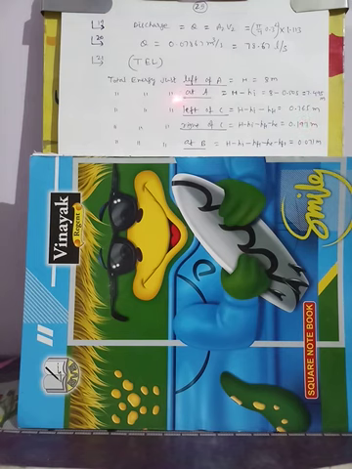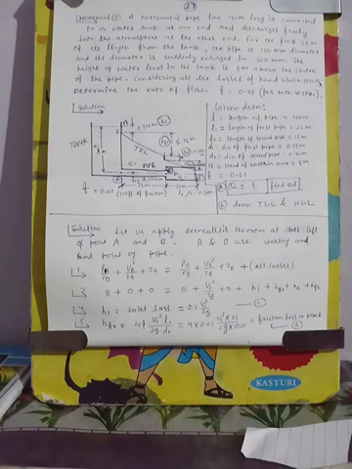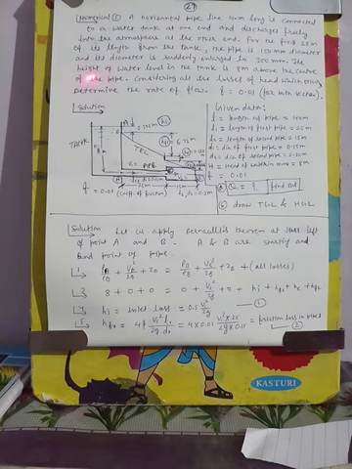Let us come to the starting page and see how to draw the total energy line, the total gradient line. At the entrance of the pipe, just left of the entrance, the total energy is 8 meter.